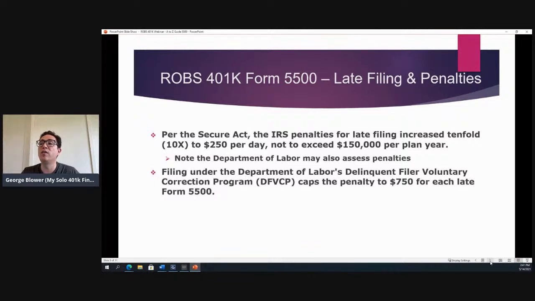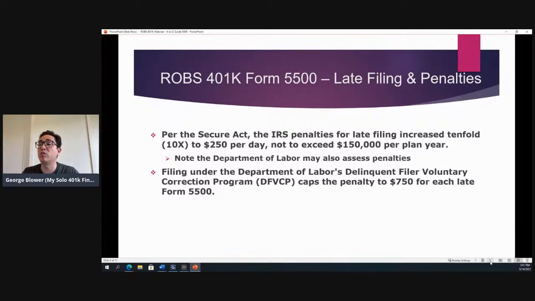Keep in mind, though, that there is the possibility to file under the Department of Labor's voluntary correction program. The cost to file under that correction program is $750 for each late Form 5500. So for example, if you are on a calendar plan year cycle, the 5500 is going to be due, if you file an extension, by October 15th of the following year.